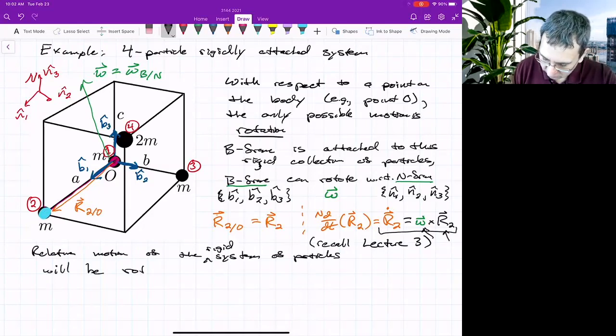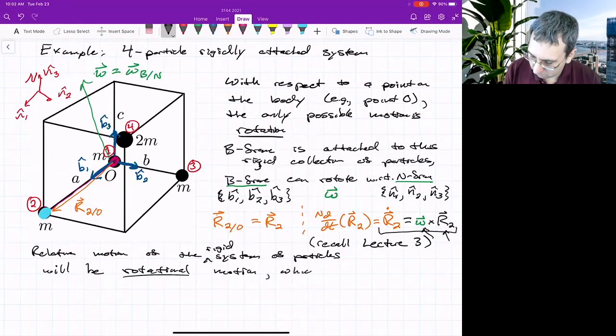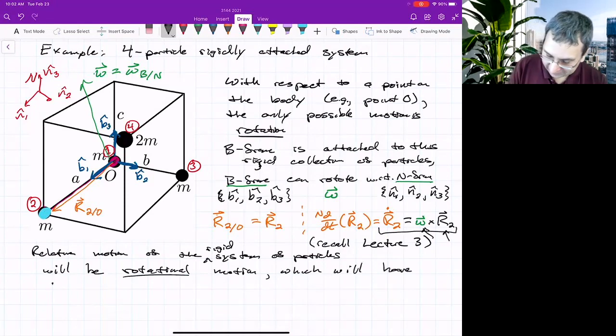will be rotational motion. Before we imposed rigidity, the particles could go any which way. So you could think of it as like a deformable body. But now, with rigid attachment, only rotational motion is allowed. And so that's going to have dynamics related to the angular momentum and how it changes.